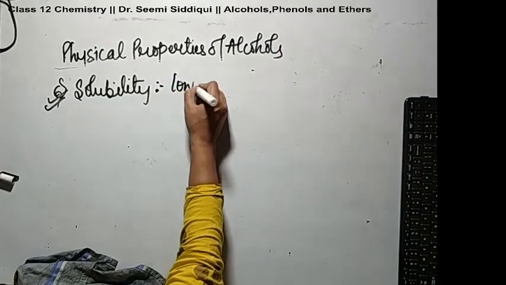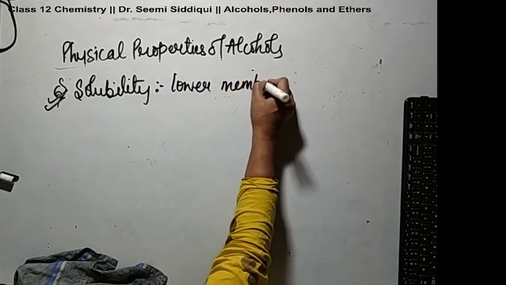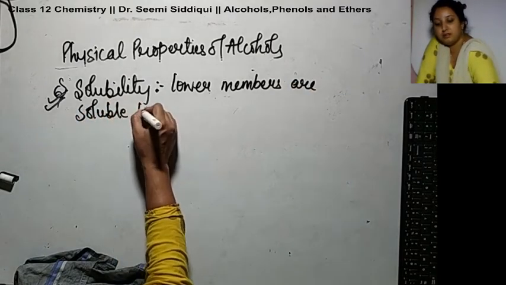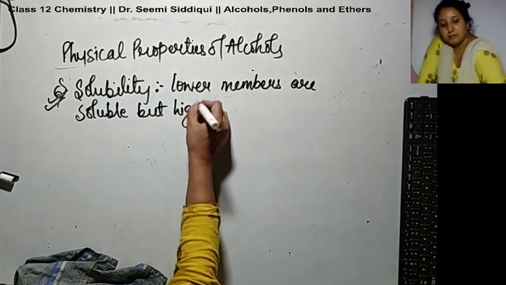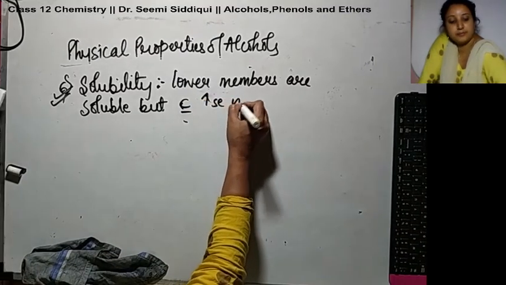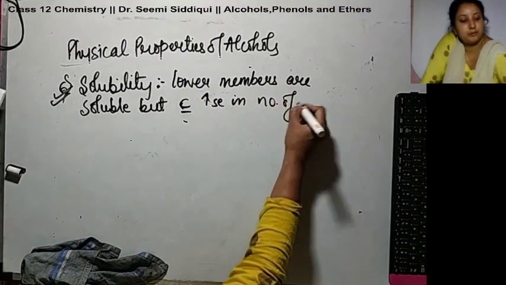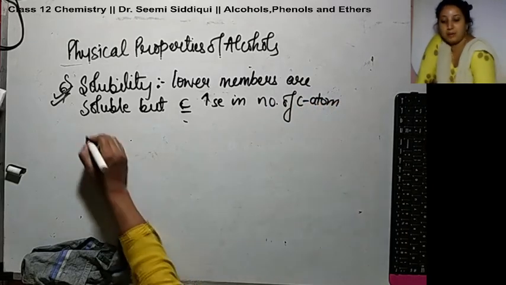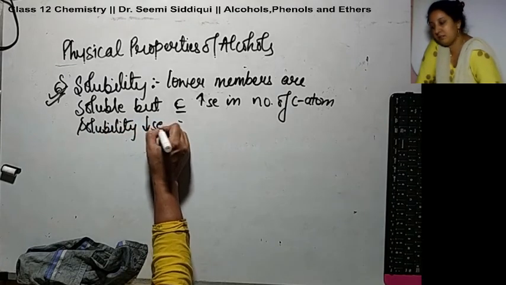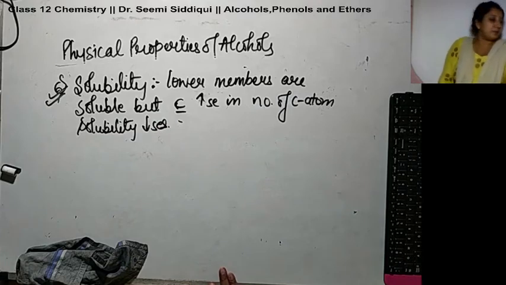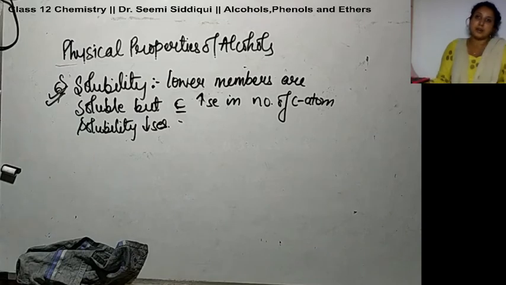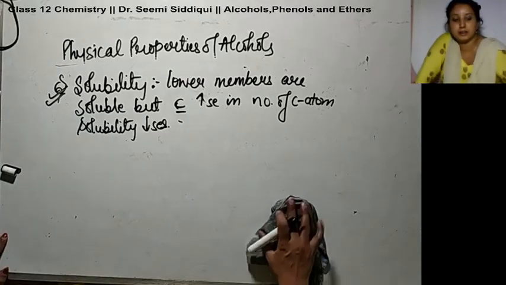Lower members are soluble, but with an increase in the number of carbon atoms, solubility decreases. The reason is that the size gets increased, therefore the solubility gets decreased.